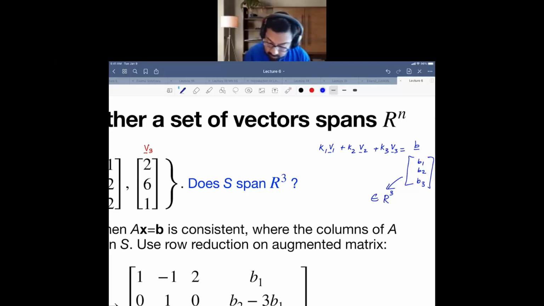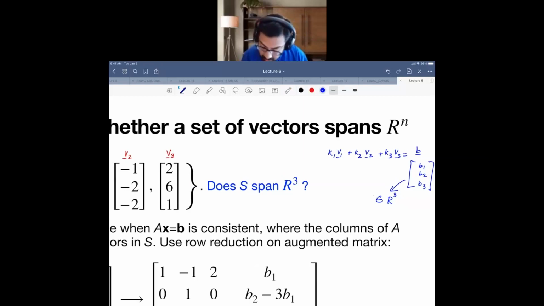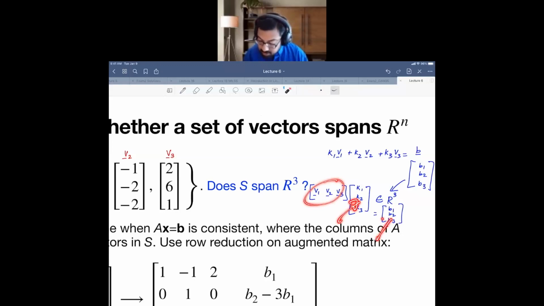And you can sort of rewrite this as V1, V2, V3 multiplied by K1, K2, K3. Does that give you B1, B2, B3? And so it's like AX equals B. So we are trying to find out, is there a set of Ks that will satisfy this?